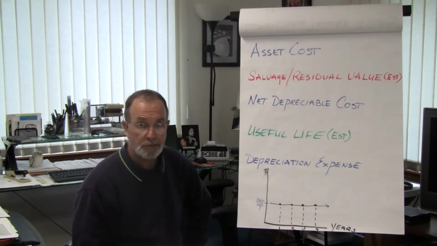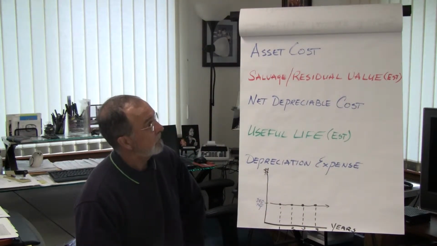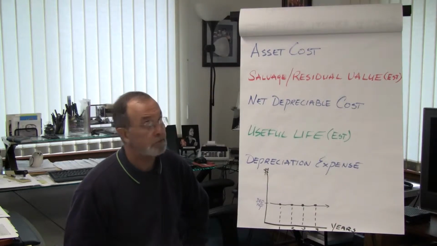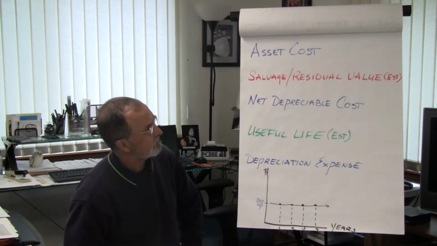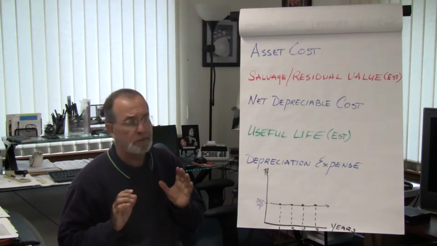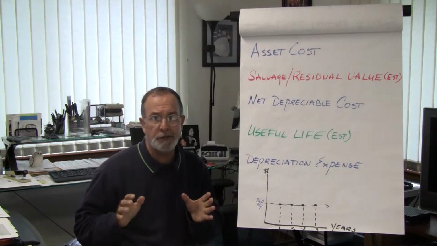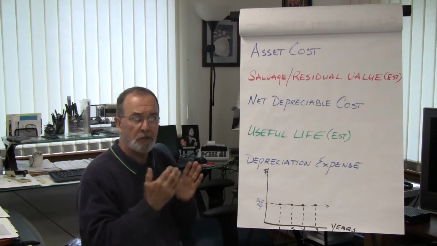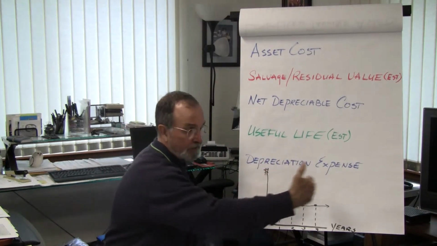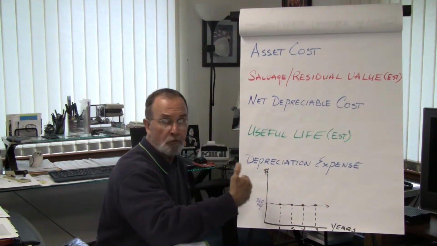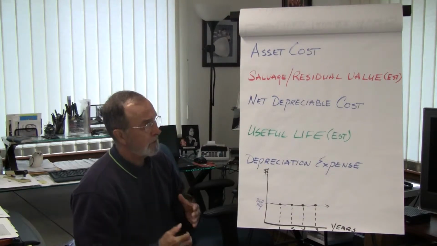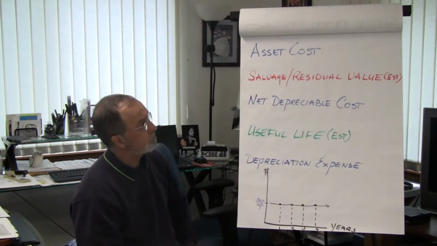Welcome back to Chapter 9, and we're going to do a short lesson on a simple example of using depreciation. We're going to talk about depreciation, which again is cost allocation, allocating the cost of a long-lived asset over its useful life, or over the period that we expect it to benefit us by helping us generate revenue.